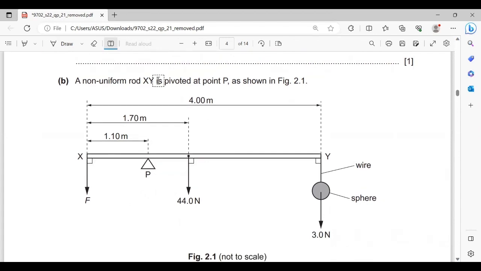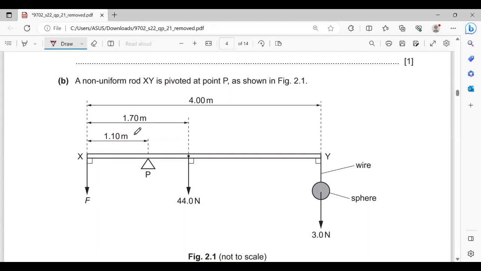A non-uniform rod XY is pivoted at point P, as shown in figure 2.1. In this figure, I'm going to name this part.